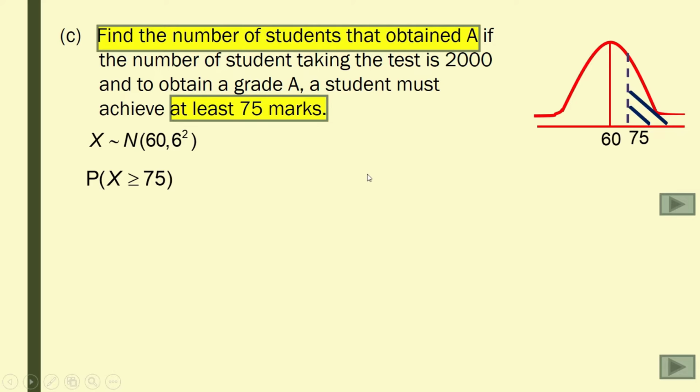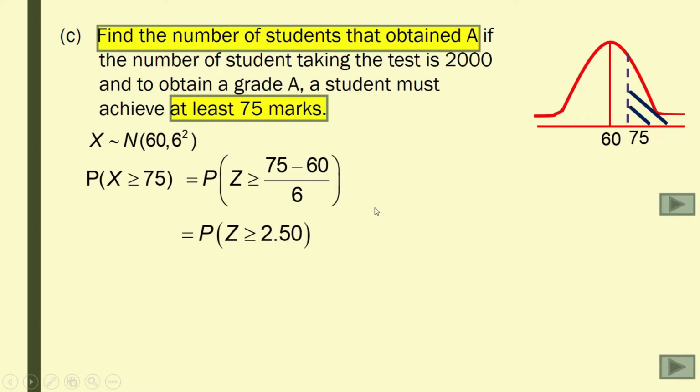We change to the standard normal distribution. P(Z greater than or equal to (75 minus 60) over 6), so we get P(Z > 2.50).